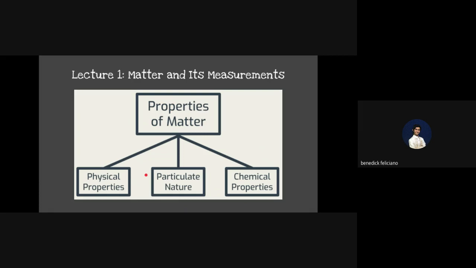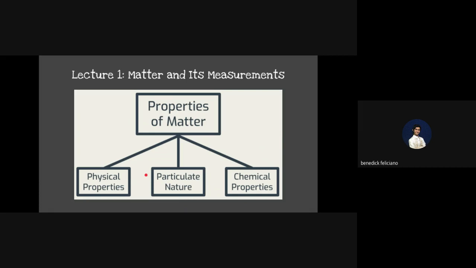It only differs on the definition. Intensive or intrinsic properties means that the property will not change even if you add or remove some amount of matter within that substance.